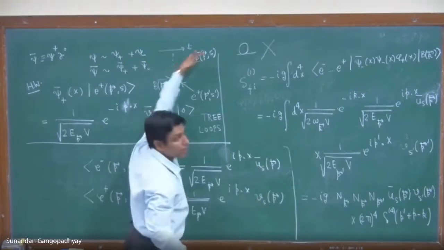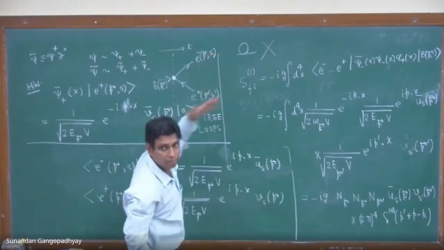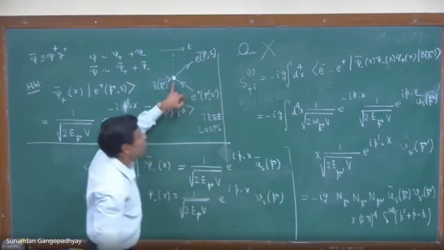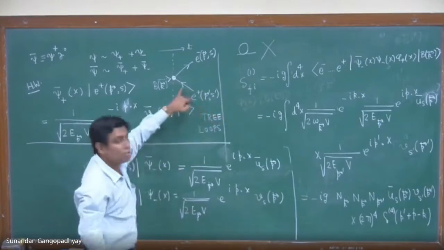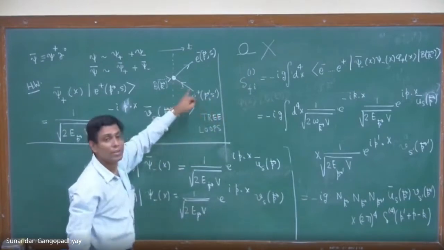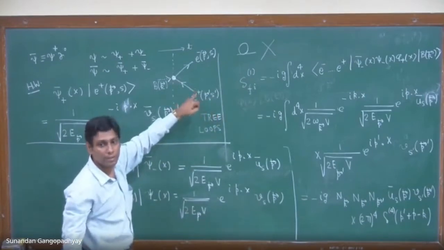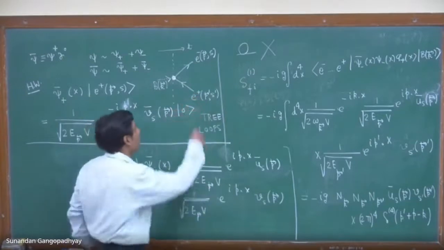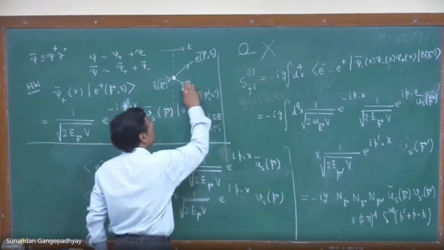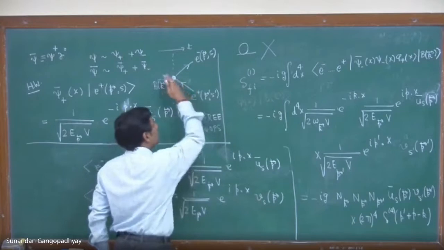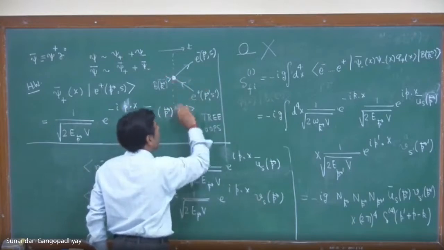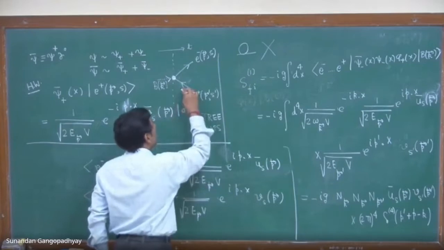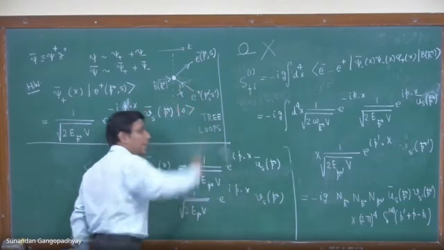You put the arrow on that side, the direction it moves. For the positron, it is getting created from here, but as Joshi is suggesting, you put the arrow on the reverse side. That is something very obscure, right? But what you can do is, once the arrow is on the reverse side, you know that this is a positron, and you say that in the direction of the arrow, the momentum is minus.